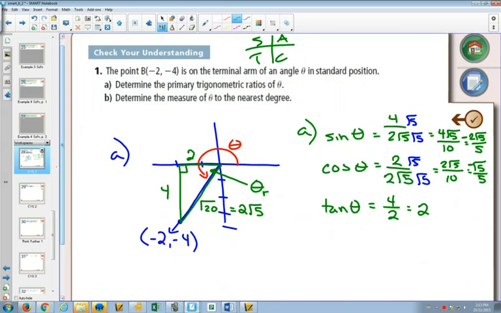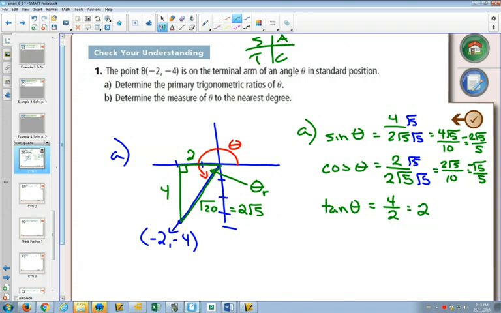What is the measure of angle theta? Again, we don't know what all of theta is, but looking at your green triangle, could you find this angle right here using grade 10 sine, cos, and tan? Yes. You could choose any one of them. Which one looks the nicest to work with? Tan, because it's nice numbers, no square roots.